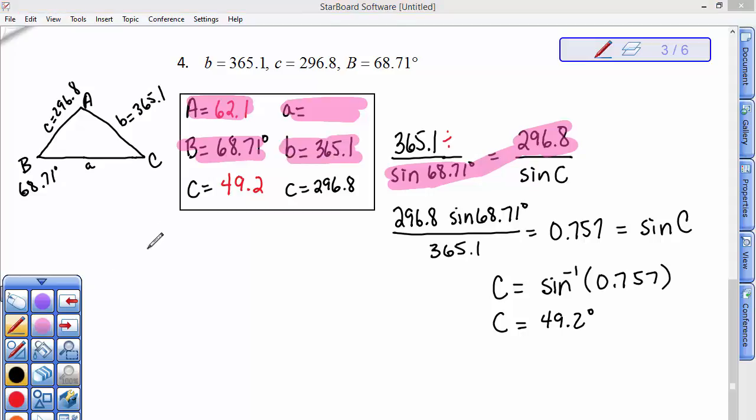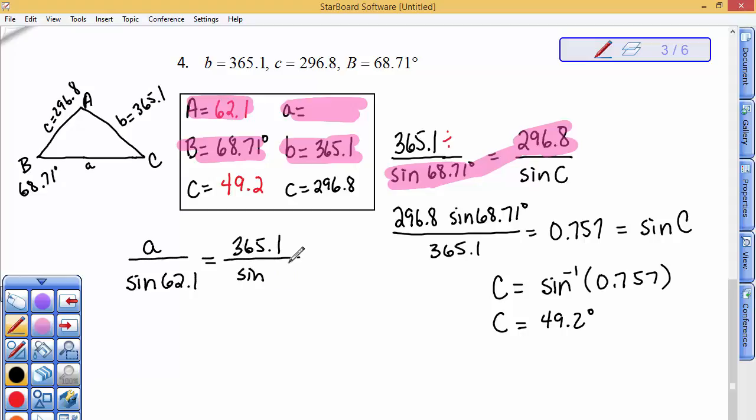So I'm going to go with side A over the sine of angle A equals side B over the sine of angle B. And then again, I'll multiply these two values together, 365.1 times the sine of 62.1. Those are the two corners where I know information.